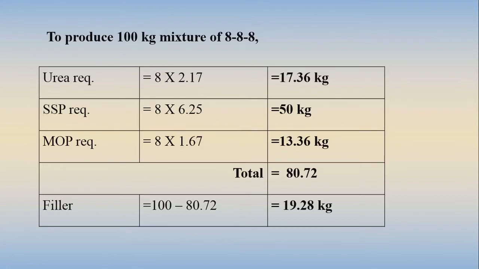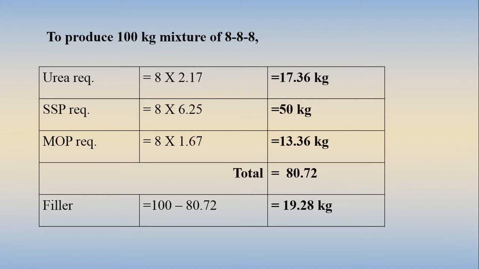Now we will see how to calculate this. In the question they have given 1000 kg, but in order to simplify it, we can calculate it for 100 kg and later convert to 1000 kg, because the fertilizer grade is always expressed for 100 kg only. So here we should supply 8 kg of nitrogen through urea.